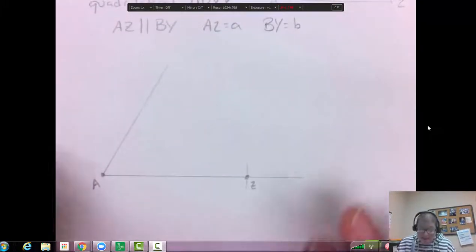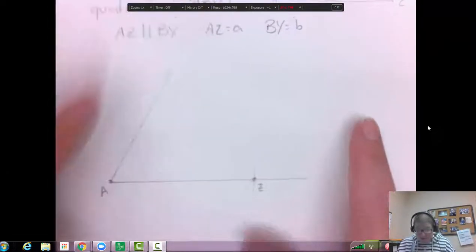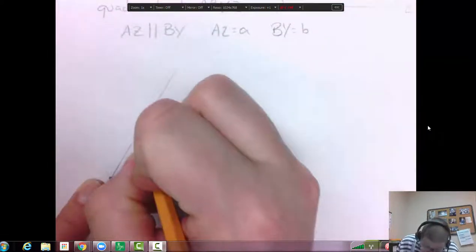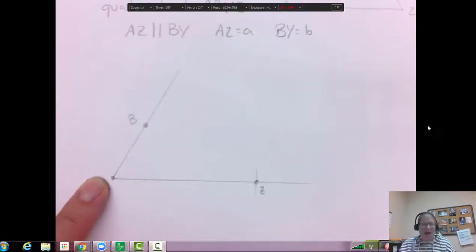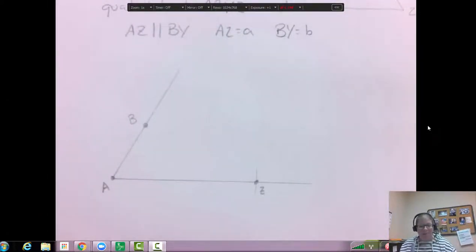And what I want is this line up here to be parallel and be the length of B. To be parallel, it has to have a similar angle. So let's just put any point, and that's how far away we want it to be. We're going to make that point B. I made that up. See, that's why I say there's a lot of room for wiggles. A lot of people, I think, are looking for directions that are exact when there really aren't exact directions.